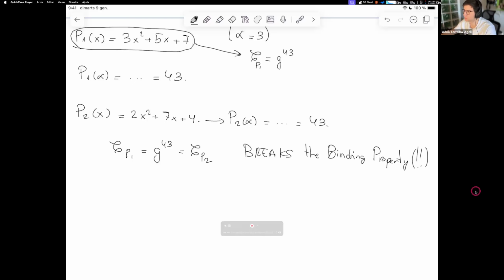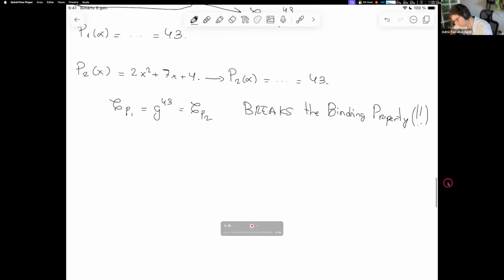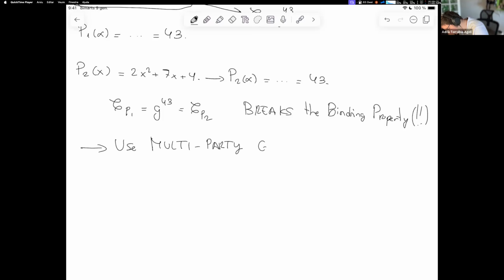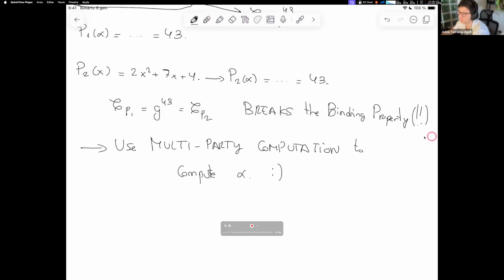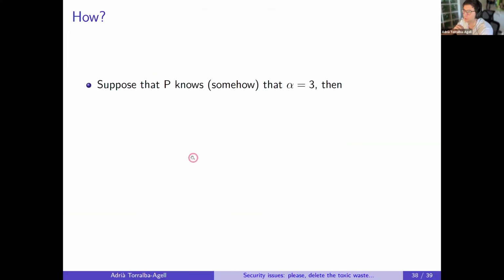So in order to mitigate or to secure this, I would use multi-party computation to compute alpha. And this is what I write here.